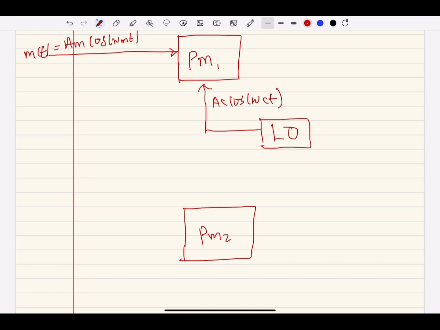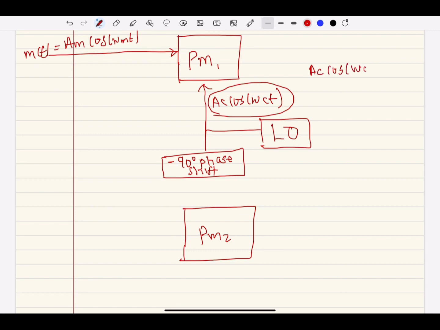But when going into the second modulator, it's being phase shifted by minus 90 degrees. So when we phase shift this by minus 90 degrees, it's going to be Ac cos(ωc t − 90°).